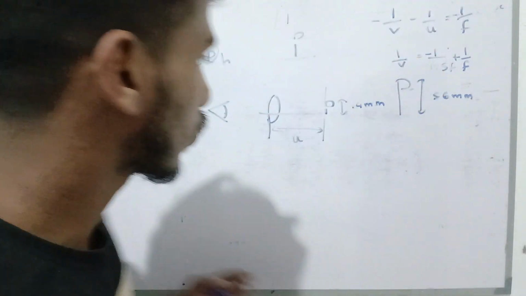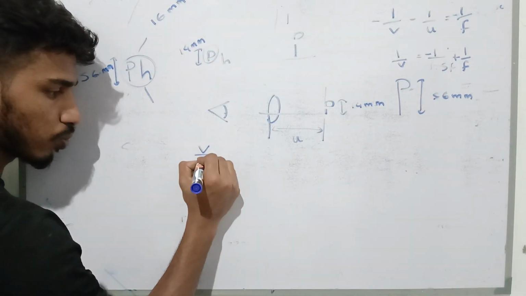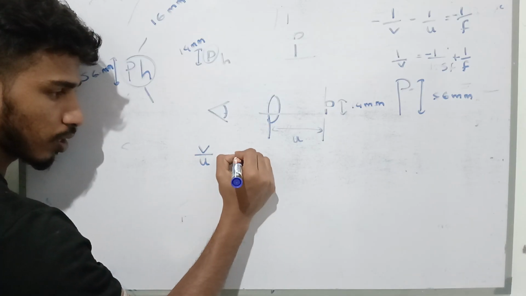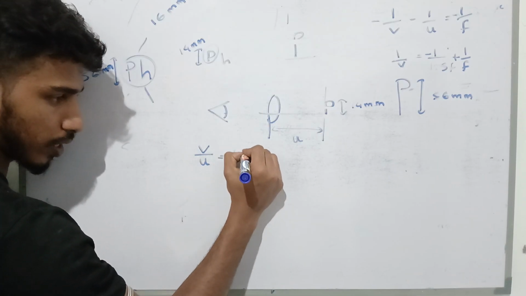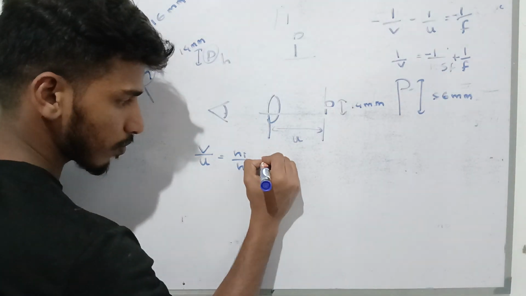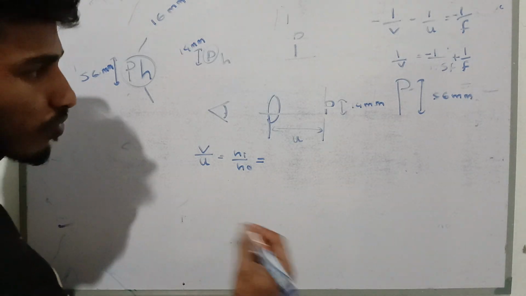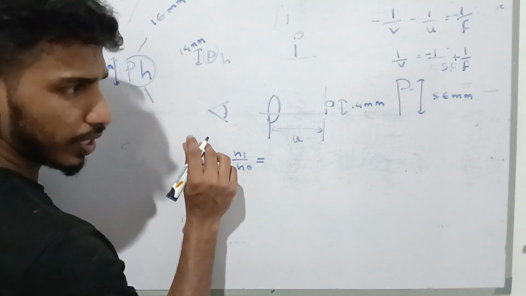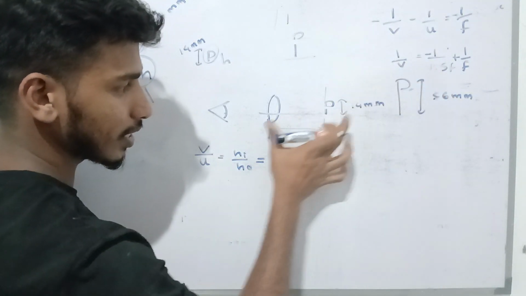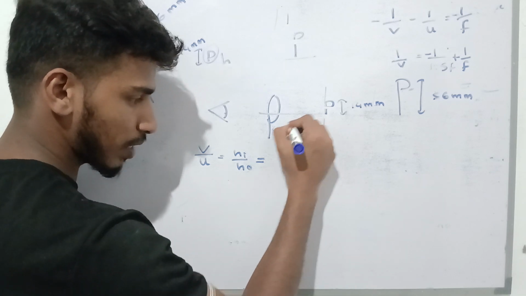So you should understand, V over U is equal to HI over HO. Here the image distance V is unknown, this is what I am required to find.